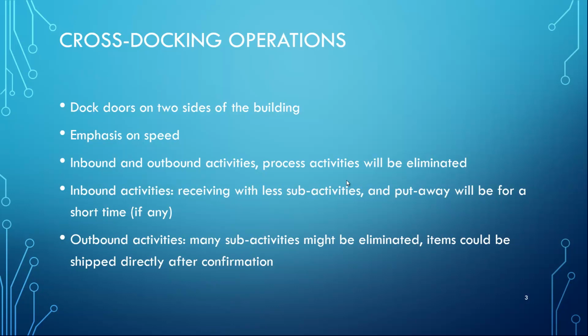All we're doing is deconsolidating the items to make sure that we are distributing from the in to out. The inbound activities will be receiving with fewer sub-activities, and put away will be for a short time if needed, if any. And in the outbound activities, many sub-activities might also be eliminated, and items could be shipped directly after confirmation that this is the item, this is the number, and the amount or the quantity that we need to ship to the other side.